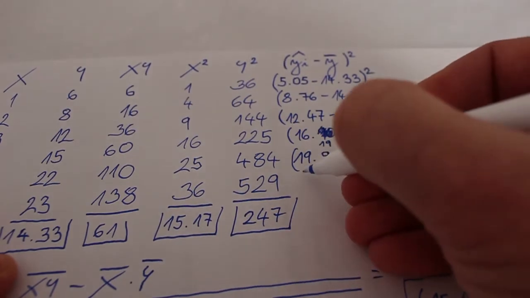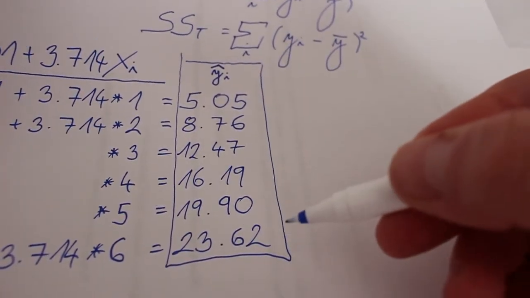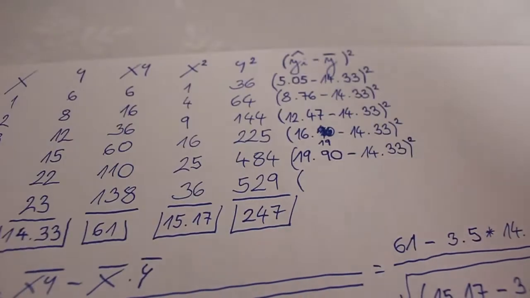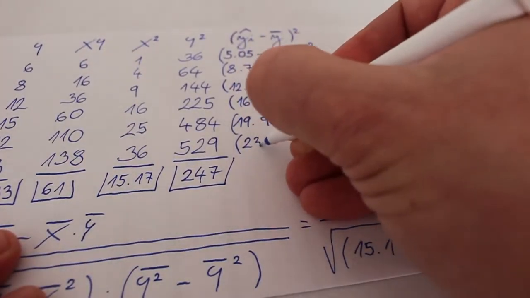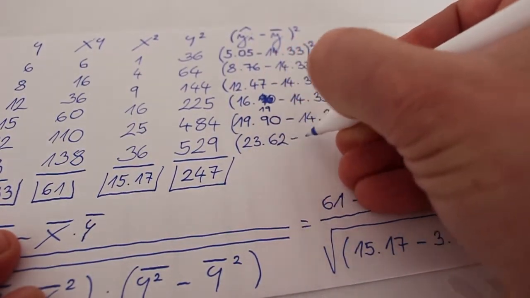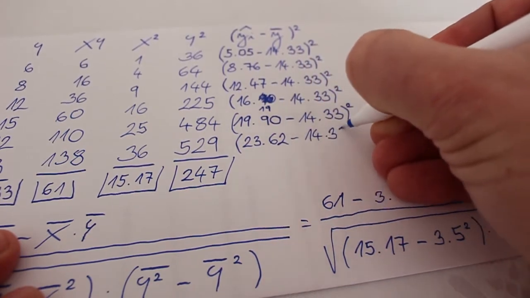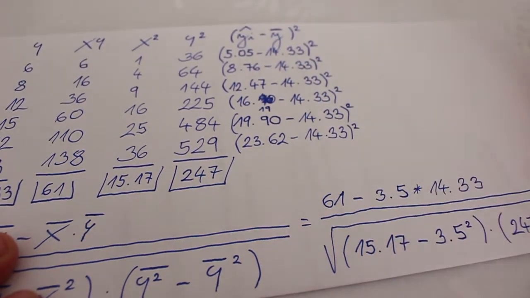And the last one, you can check me, 23.62 minus 14.33 squared.